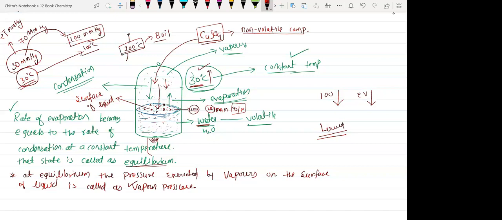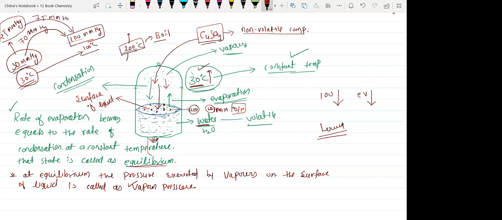Initially, when it was only pure solvent, the pressure was 30 mmHg, but after adding a non-volatile solute, the pressure has decreased to 25 mmHg. Now we have to raise the pressure from 25 back up to the required level.